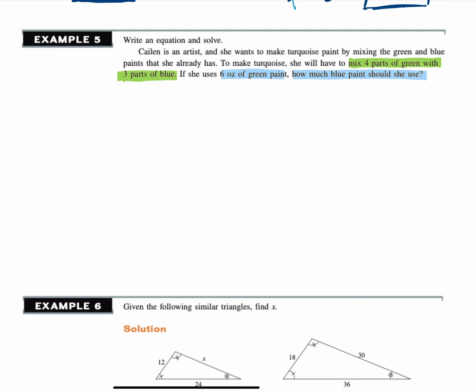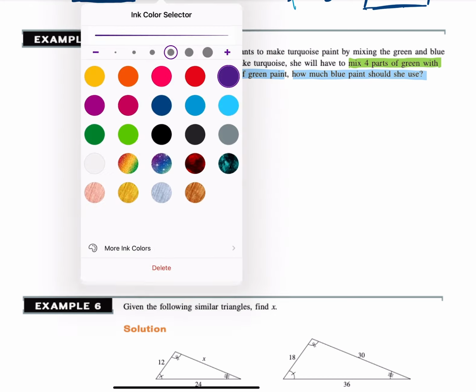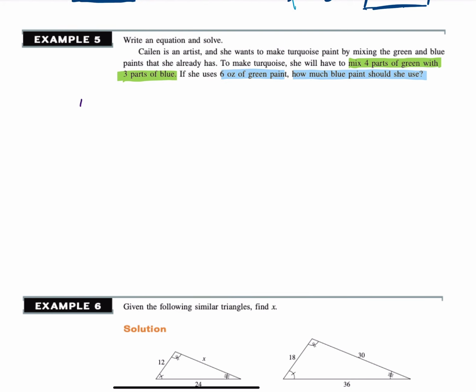So let's set up a ratio. We can say what we want is a 4-part green, so we can imagine 4 parts green to 3 parts blue. So this should be equal to what we have.